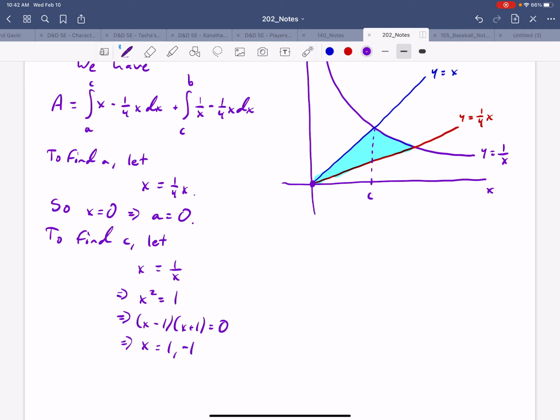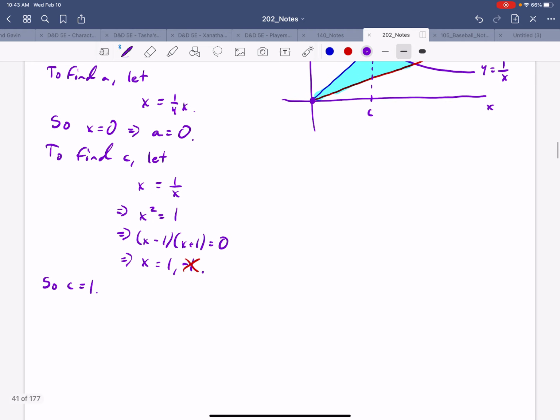And -1, not exactly what we're interested in right now, right? That's not in our domain. So c equals 1.